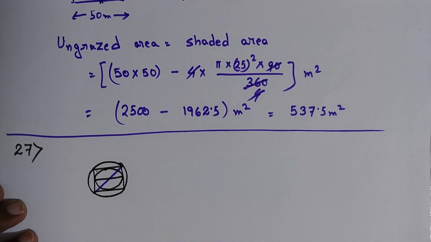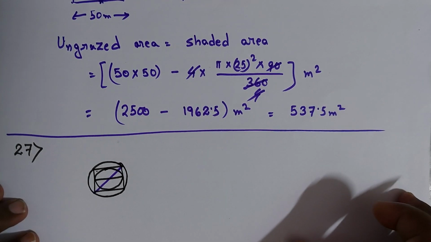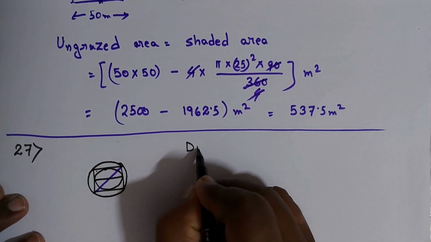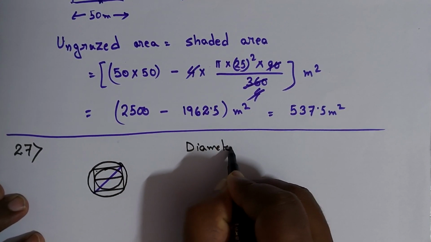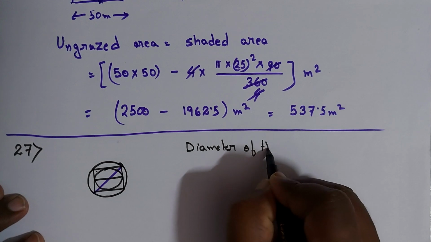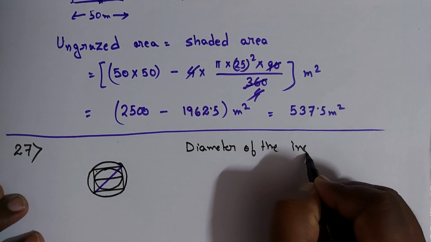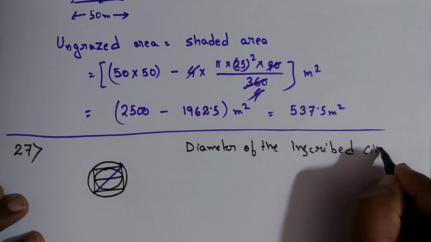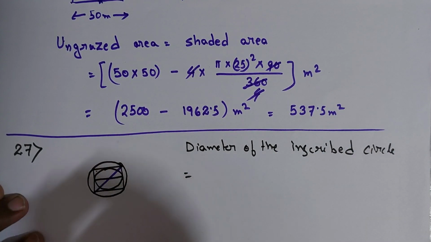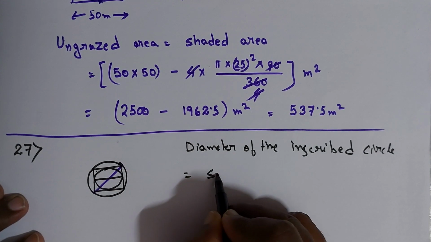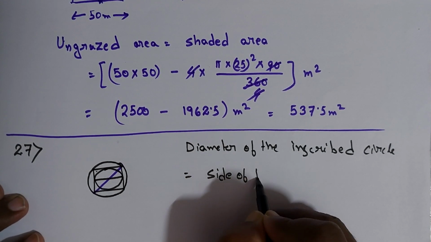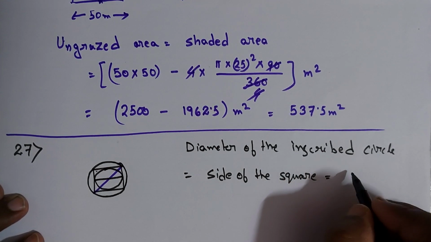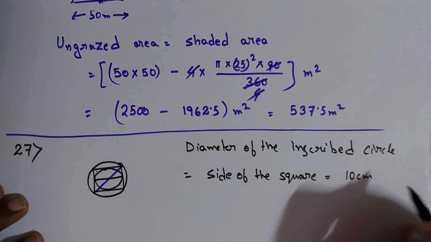So we will write that diameter of the inscribed circle is equal to side of the square. Side of the square equals 10 centimeter.